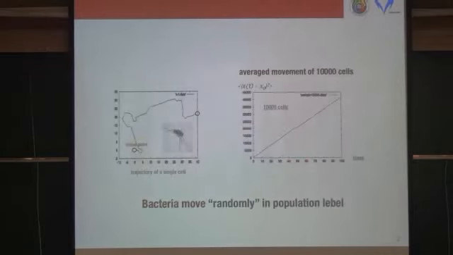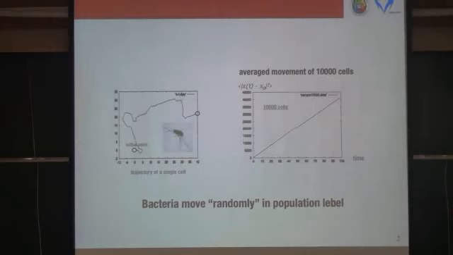And this is an experiment result, and this is just the single cell. So a single cell here is moving like this by using running and tumbling. Okay. And then this is the average movement of 10,000 cells.